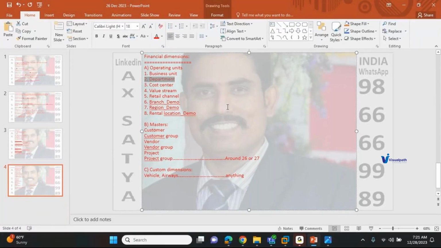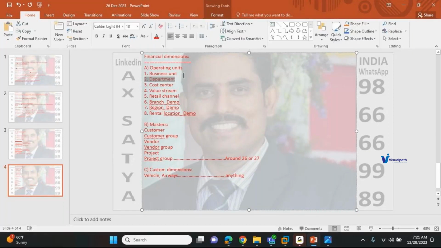Now, if I have a department in the system, whenever I post a transaction, I can understand which department is spending how much money. So I can generate a report on this travel expenditure showing which department is spending more.